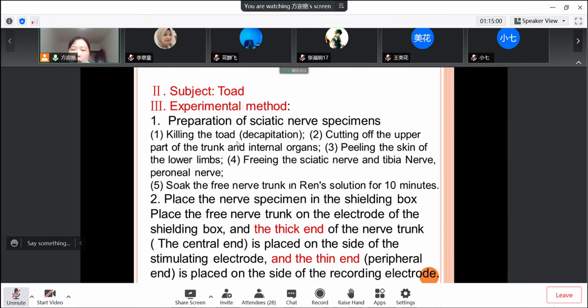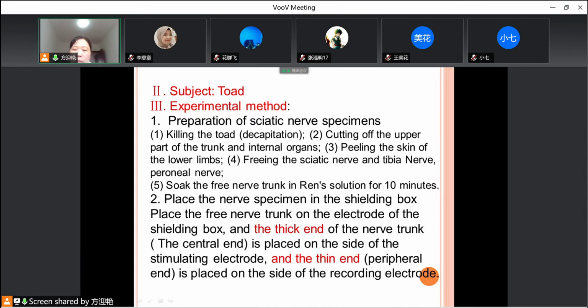We should use the toad, the sciatic nerve.